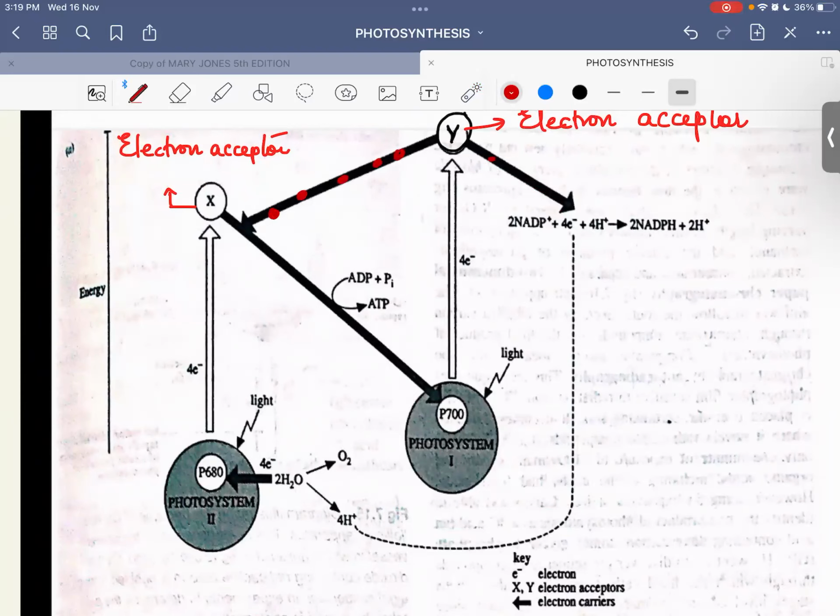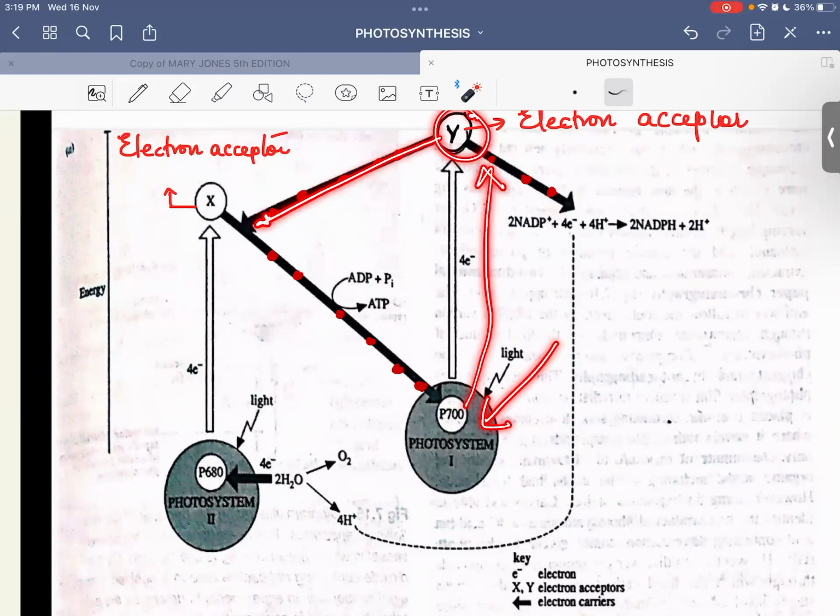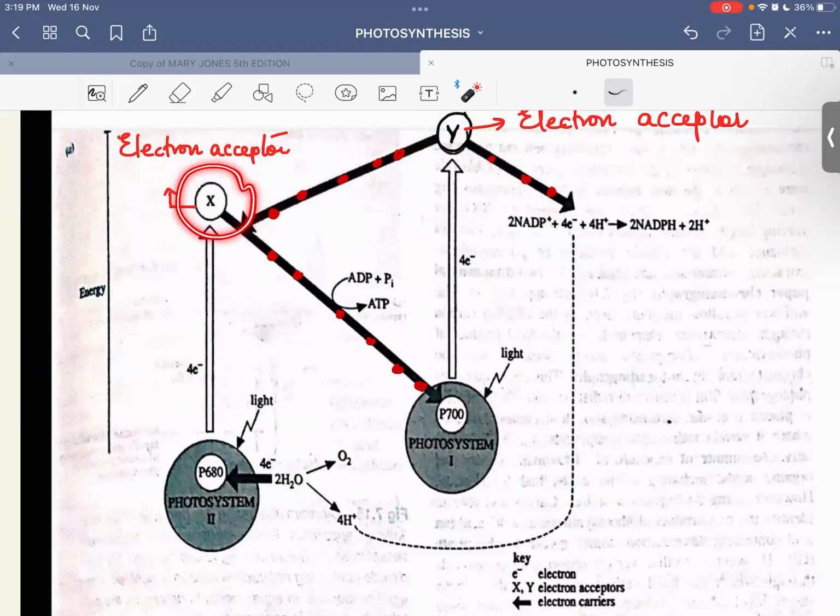Over here also, and over here also. तो अगर light पड़ रही है photosystem 1 पे, electrons are being emitted, accepted by electron acceptor Y, going down the ETC, releasing energy, फिर उसके बाद again accepted by the electron acceptor X and again falling back to photosystem 1.